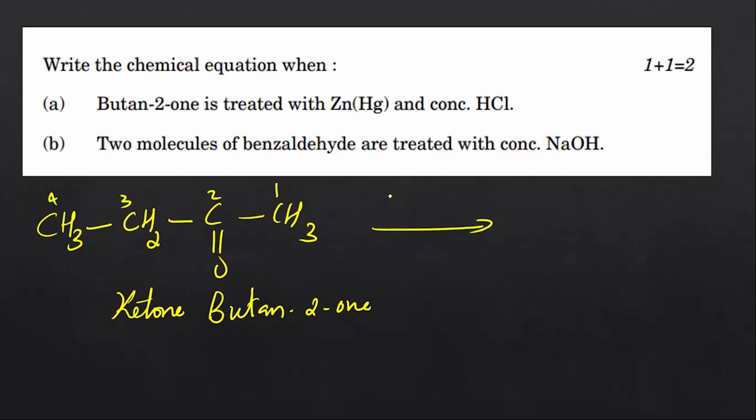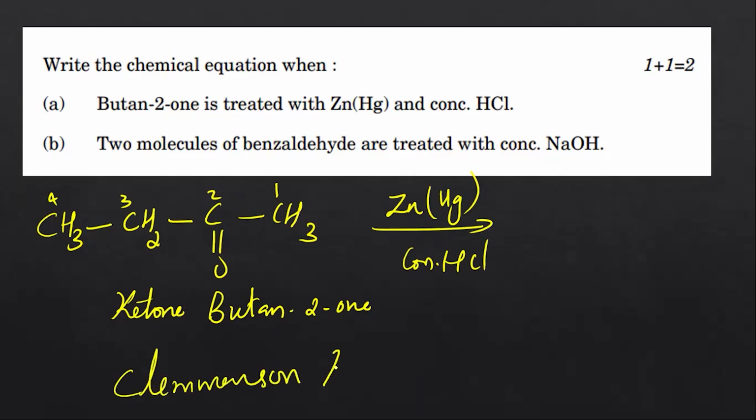And we are taking zinc amalgam in the presence of concentrated HCl. What is this reaction called? Very important: this reaction is called Clemmensen reduction. What is happening in Clemmensen reduction?